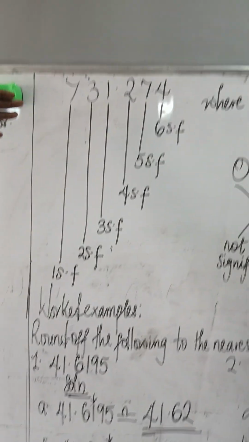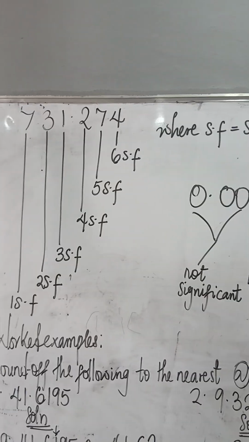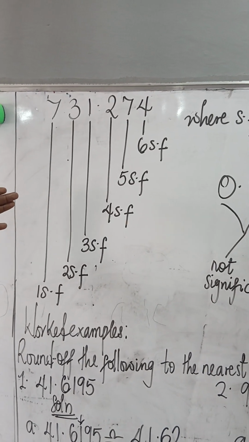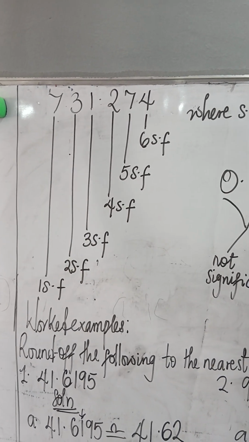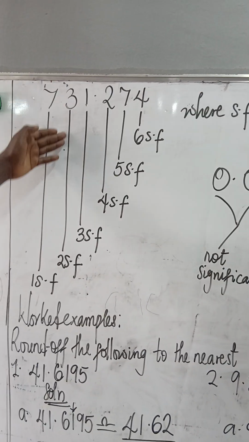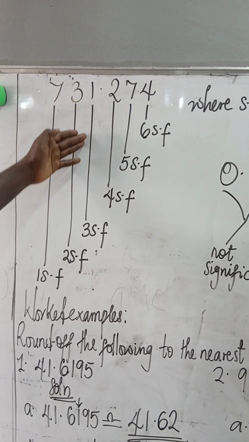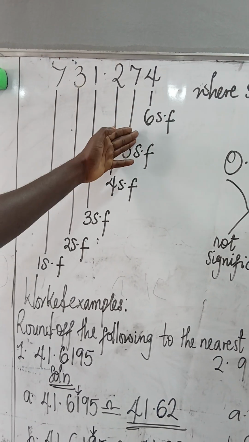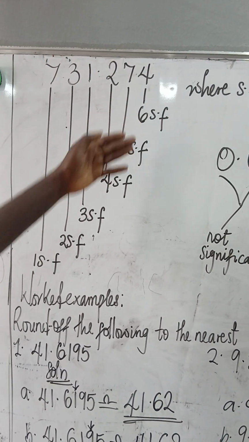And going again to the significant figures, remember I said from the left to the right-hand side. So you have 1 significant figure, 2 significant figures, 3 significant figures, 4 significant figures, 5 significant figures, and 6 significant figures.